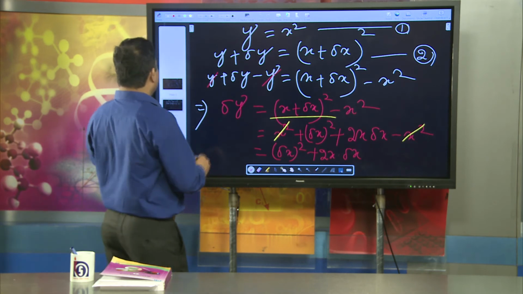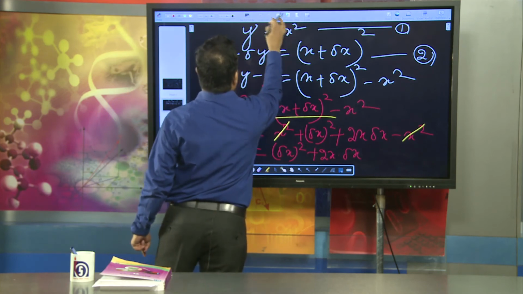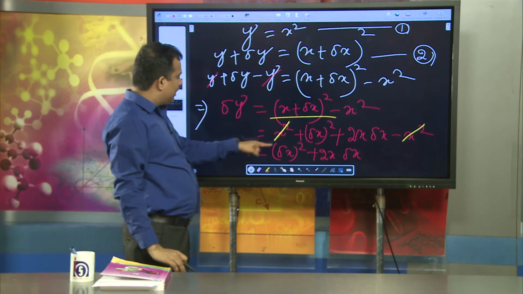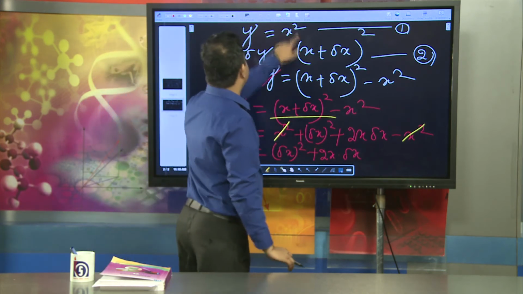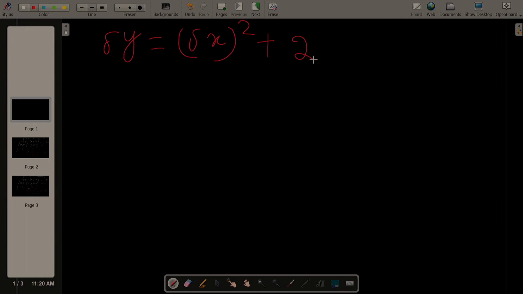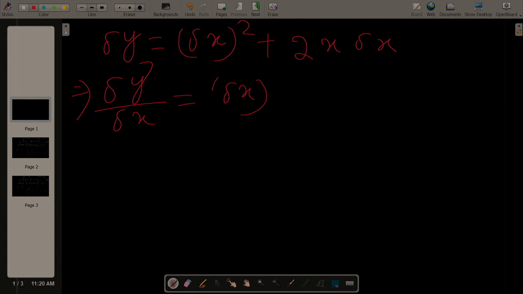Now we have to divide by del x on both sides, that means del y by del x equal to del x whole square plus 2x into del x, divided by del x.